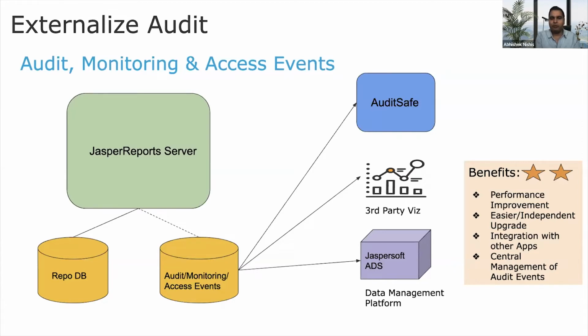But with the 8.0 release, it allows you, through a configuration, to put audit and monitoring tables outside in a similar database. It has a lot of performance benefits. We realized that audit data doesn't fit well in the repository DB, and this also reduces the load on the repository. This is something that we introduced with 8.0. We have seen a couple of customers already adopting it, and we have got good feedback on this one.